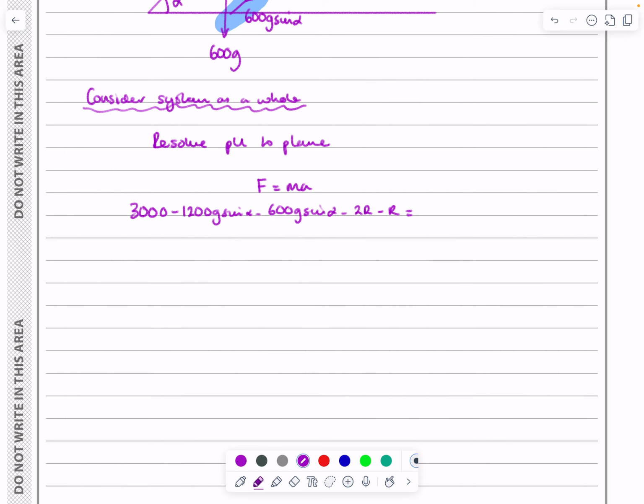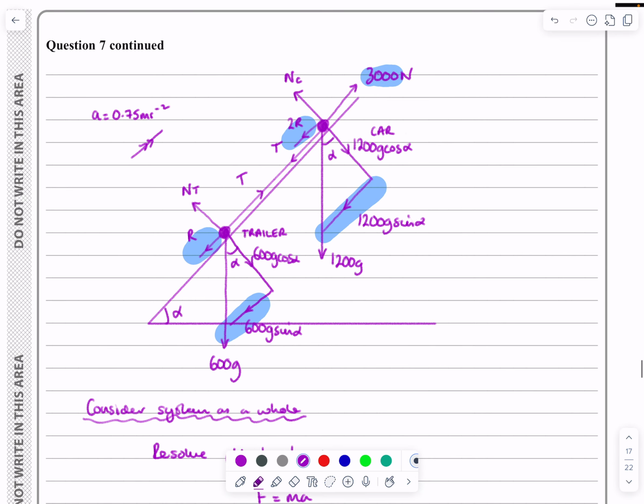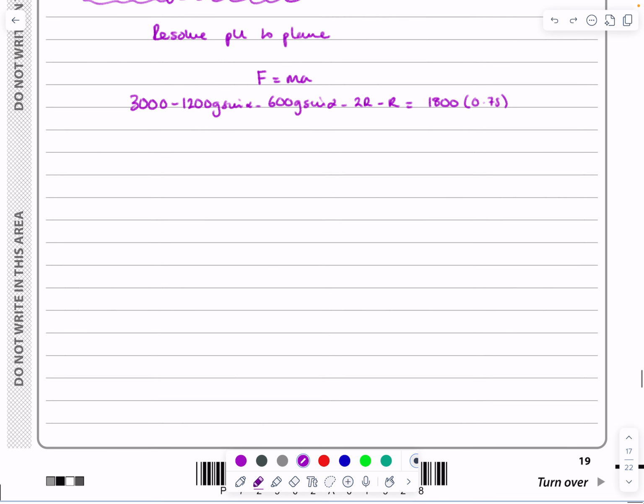The mass obviously is going to be 1,800, the two of them added together, times 0.75. How do I know it's that way round? If it's accelerating in that direction, then the 3,000 is bigger than all those other forces, even though there's four of them. And from this we can get R. It's the only variable that we don't know here, so let's take our time to do this.